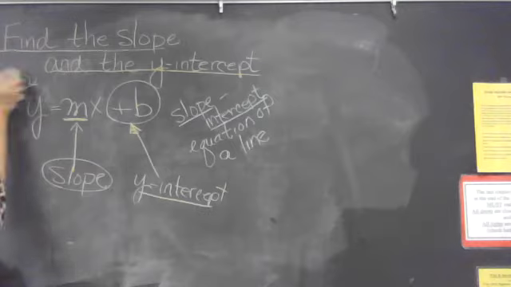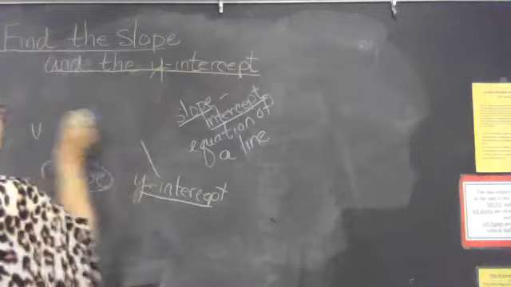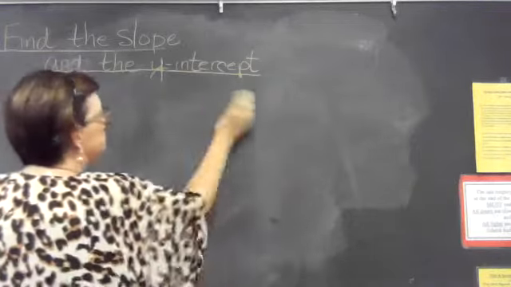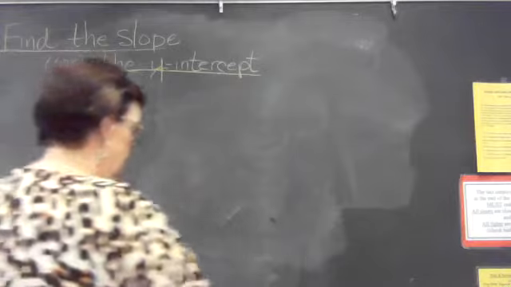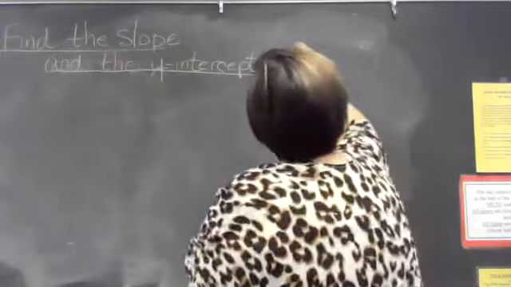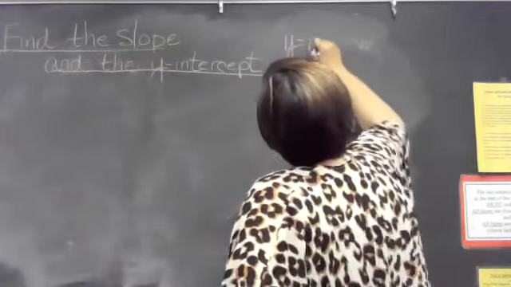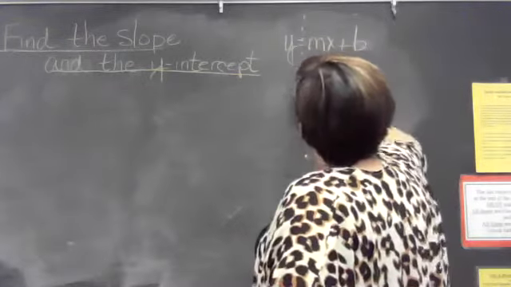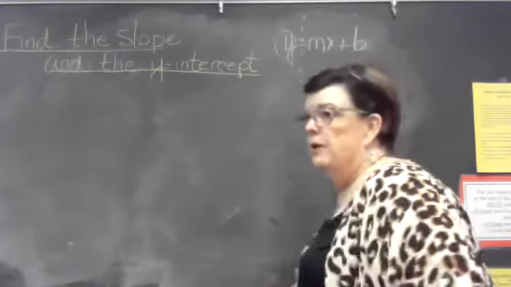I'm actually going to put that up here so we know what to refer to. This is the form that we need. Y equals mx plus b, okay? We want it solved for y, all right?